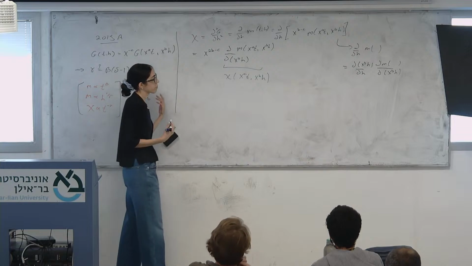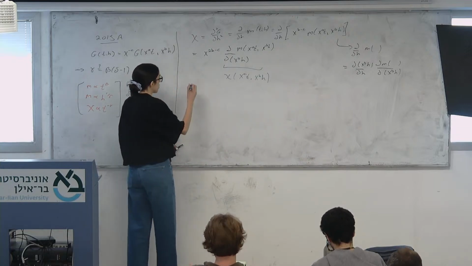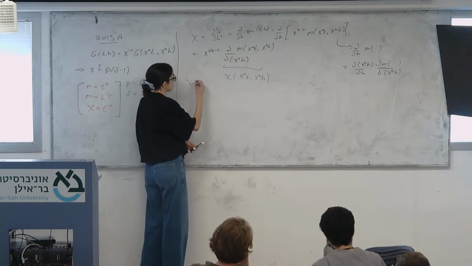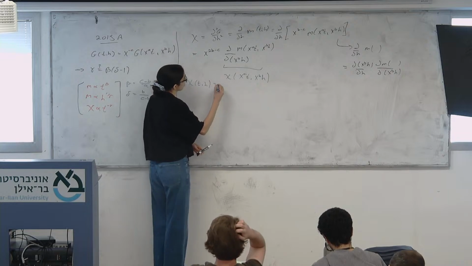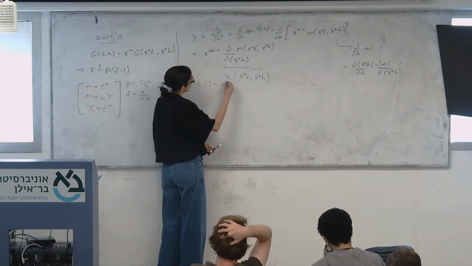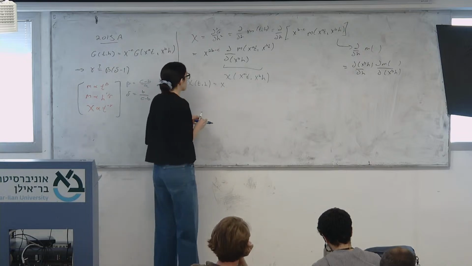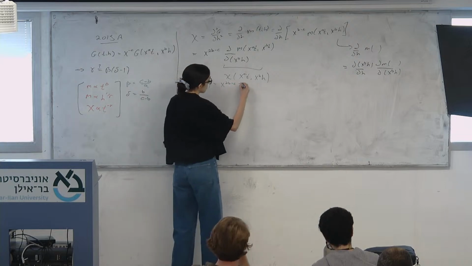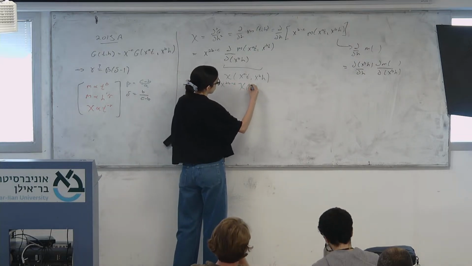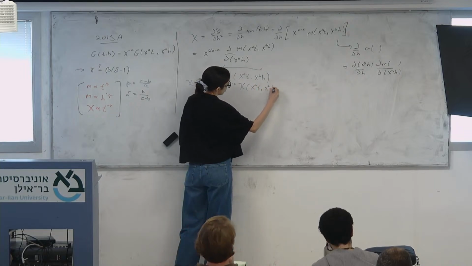The second derivative is also going to be a homogeneous function, equal to x to the 2b minus c, times the function of x to the a t, x to the b h.